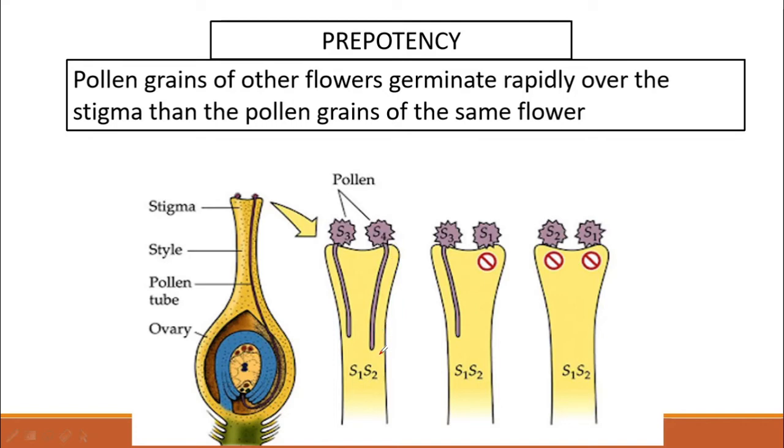S3 here is germinating rapidly as compared to S1, where S1 and S2 are not germinating at all, or would germinate very slowly. S1 and S2 belong to the same flower, that's why their germination is very slow. S3 and S4 are pollen grains of a different flower, that's why they are germinating rapidly. So this type of mechanism is known as prepotency. We'll move to the next part, that is the fourth type, heterostyly.